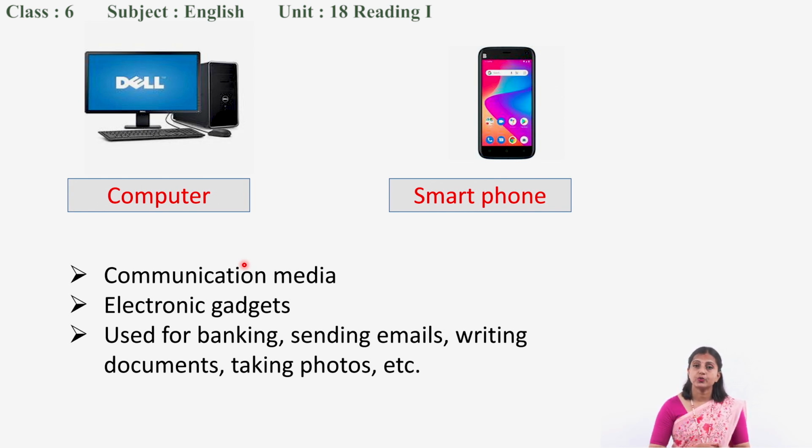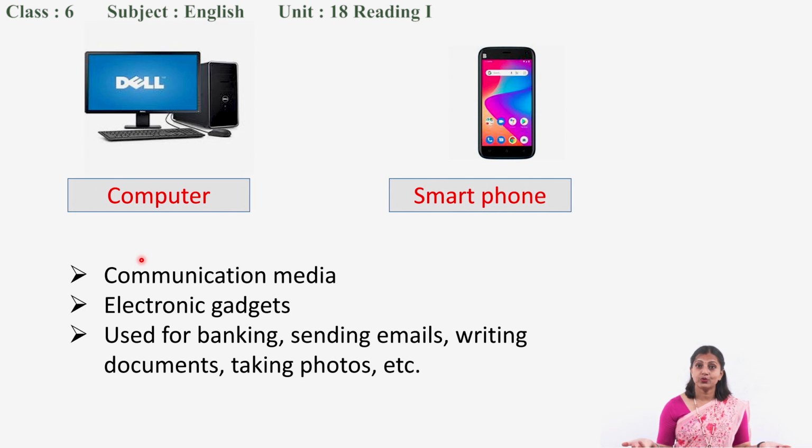They are very useful things, isn't it? A computer is a very useful thing. It's an important electronic gadget. Without it nowadays it's difficult to survive. Yes, this is the world of digitalization. We are using digital things, so we need both of these. They have become a part of our life, isn't it?